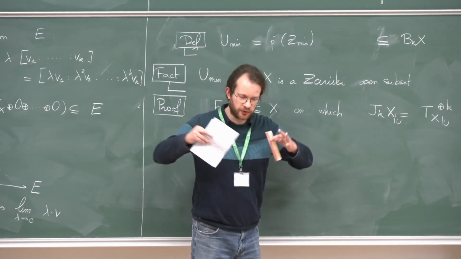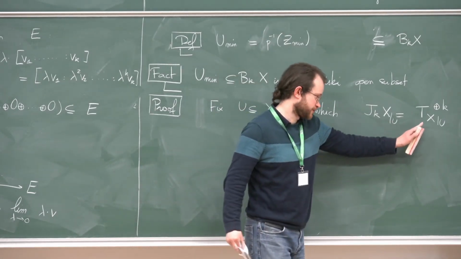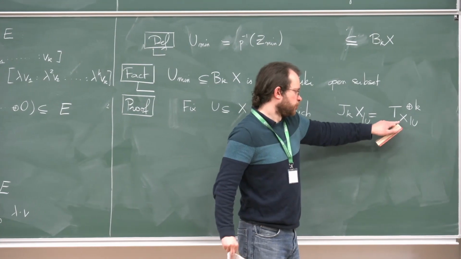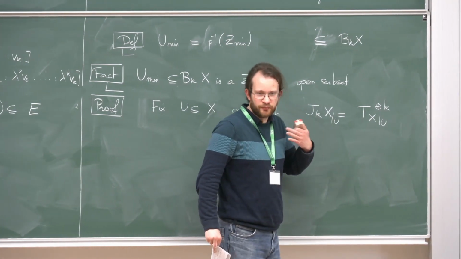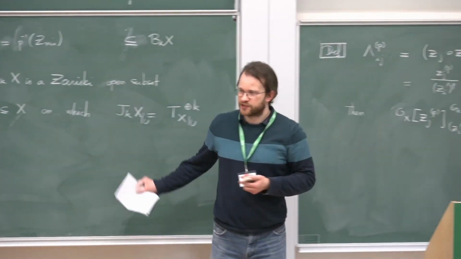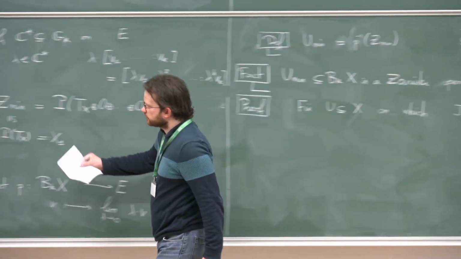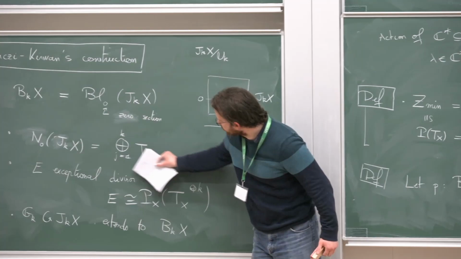But on small charts, you can identify by simply taking all the derivatives, the kth derivatives. You can somewhat formally see them as vectors. I'm doing that because I don't want to introduce coordinates and I want to write things in a consistent way using this notation.